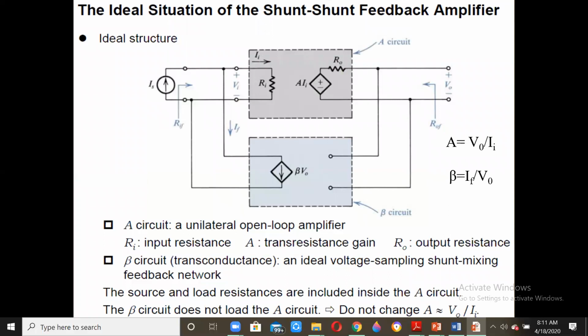So now what we are trying to do is replace the output side by the Thevenin's equivalent, and this is a current dependent voltage source. This is a voltage source which is dependent upon the input current, which is II.